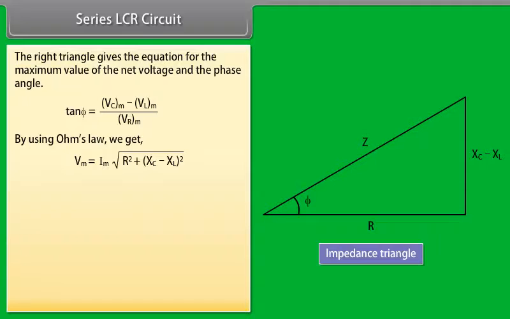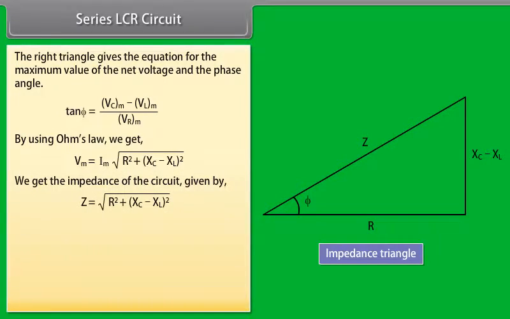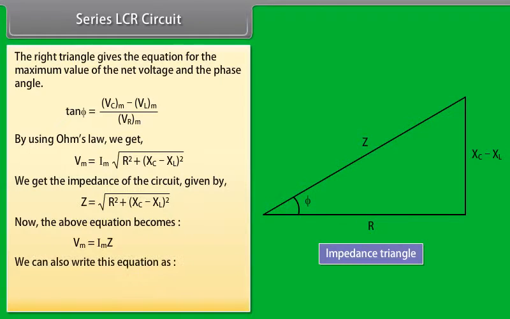Now, the above equation becomes Vm = product of Im and Z. We can also write this equation as Im = Vm upon Z, or IRMS = Vrms upon Z.